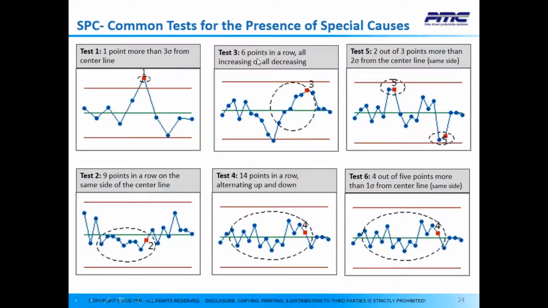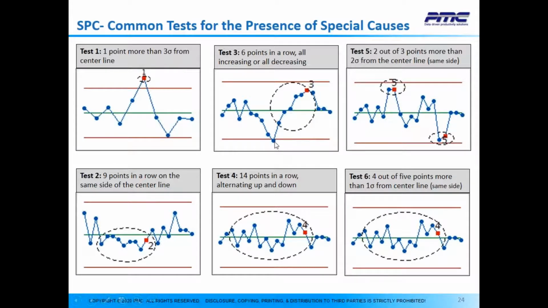Test 3 says 6 points in a row, all increasing or all decreasing. I do have a decreasing trend here. So there's 1, 2, 3, 4, 5, 6.